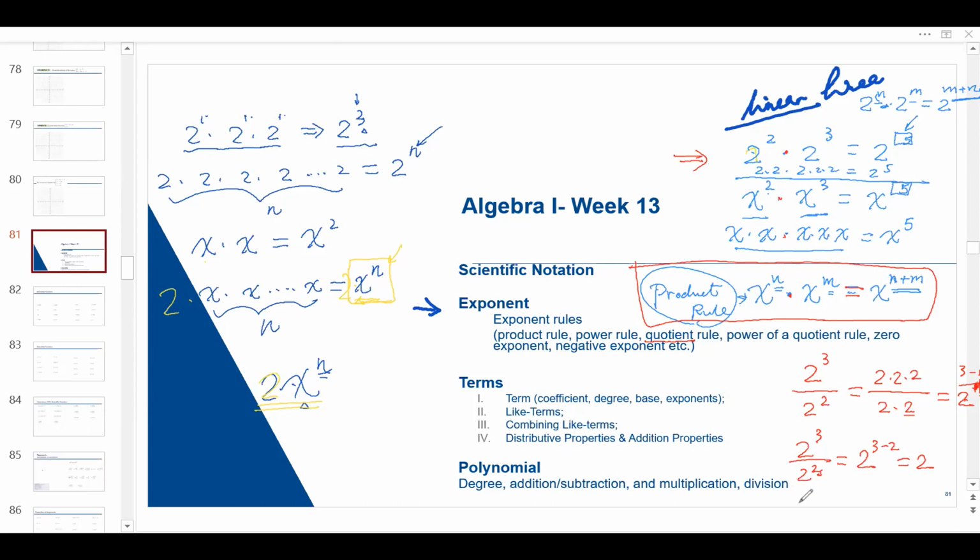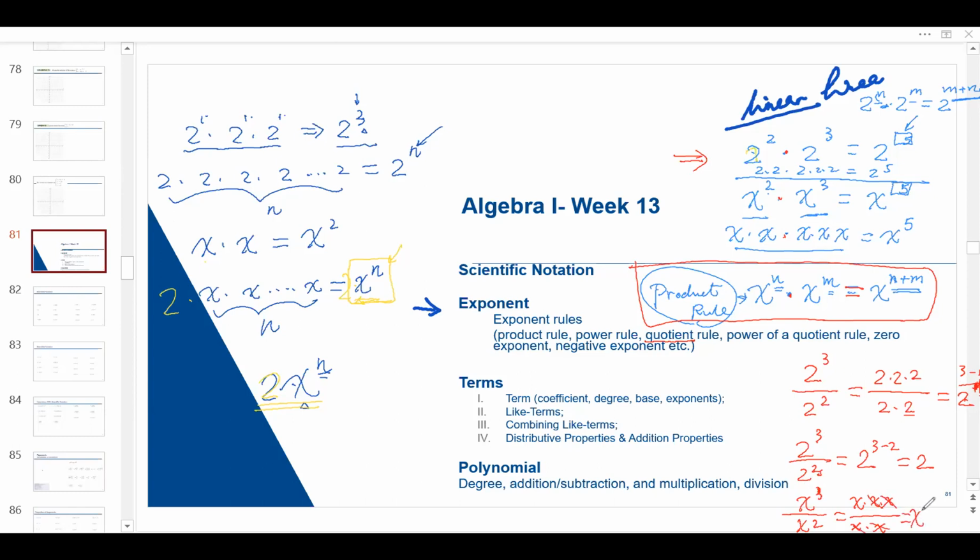So if we have x power 3 divided by x power 2, what does it equal? You can see this is 3 x's multiplied, and this is 2 x's multiplied. After simplifying, you get an x.